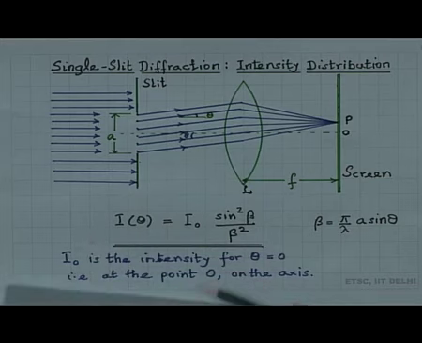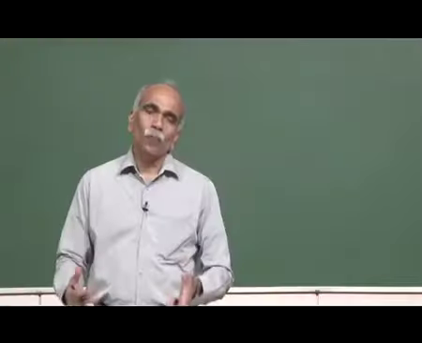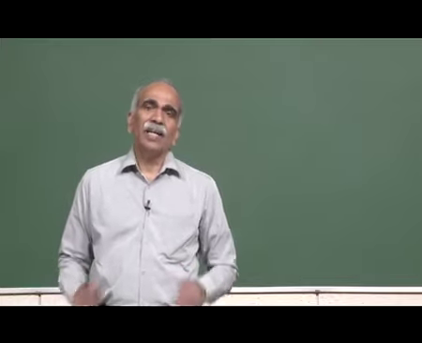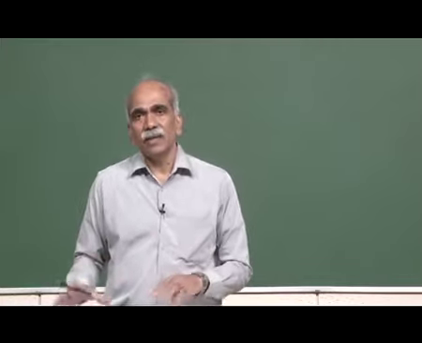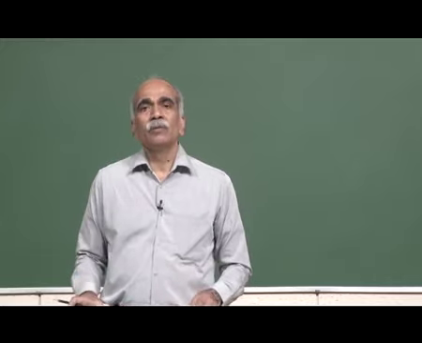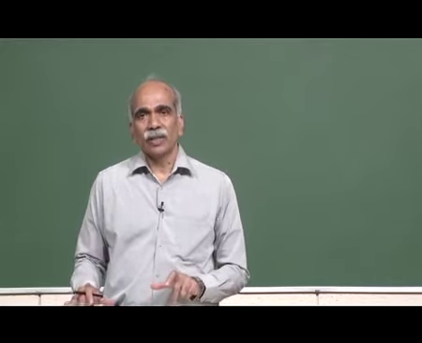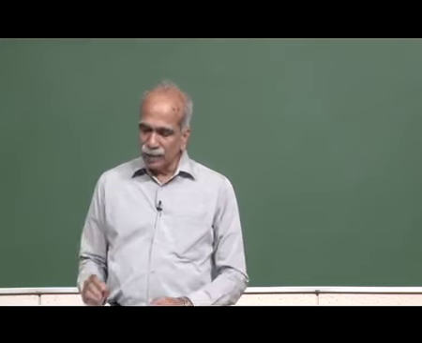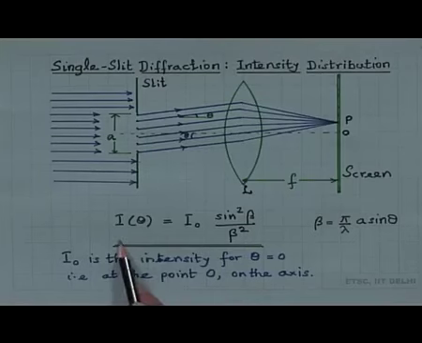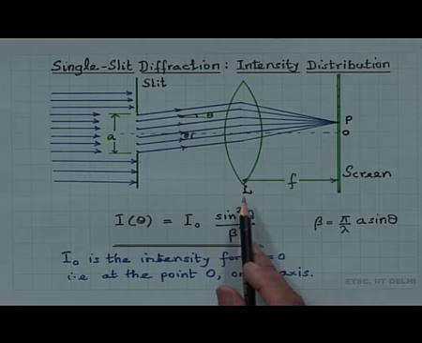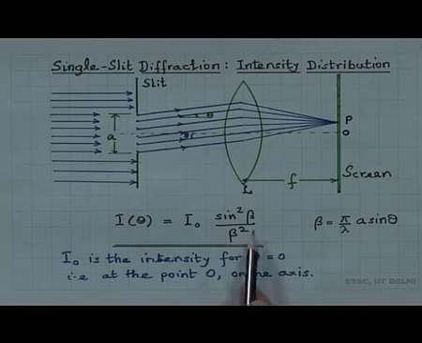So, this is the intensity distribution. The derivation is not difficult, but it is beyond the scope of our discussion, and we are interested in the result, so I am not doing the derivation here. You assume that I of theta is given by this expression, where I 0 is the intensity for theta equal to 0. Now, I want to see what kind of intensity distribution I would get with this expression.